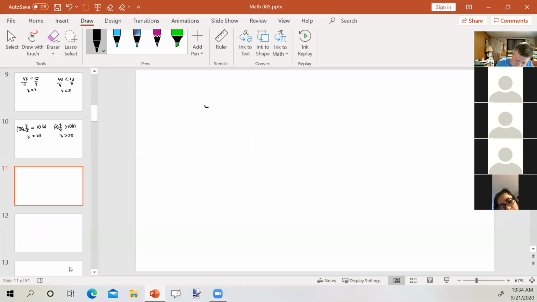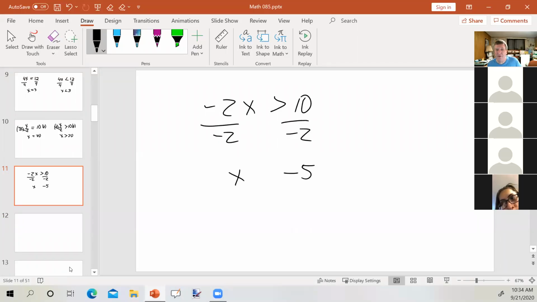Let's say we've got negative 2x is greater than 10. To solve this inequality, we would divide both sides by a negative number. If you divide or multiply both sides of an inequality by a negative number, you flip the sign.